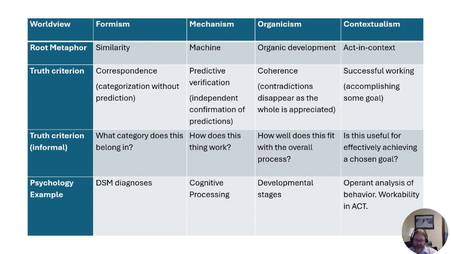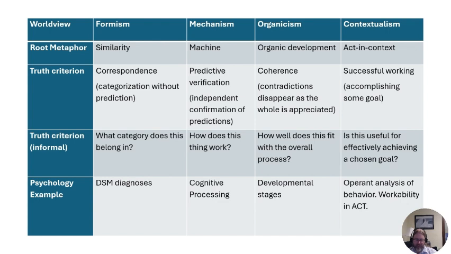And finally, this brings us to contextualism. The functional contextualism that we are talking about comes from Pepper, who used this as an alternative to the philosophical term pragmatism. But essentially, it is a variant of the philosophical school of pragmatism.